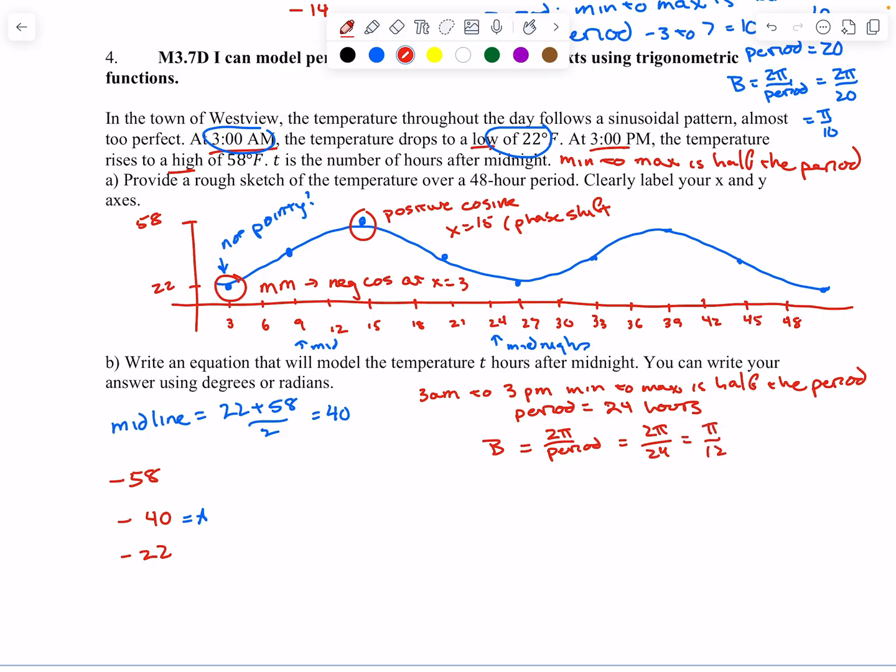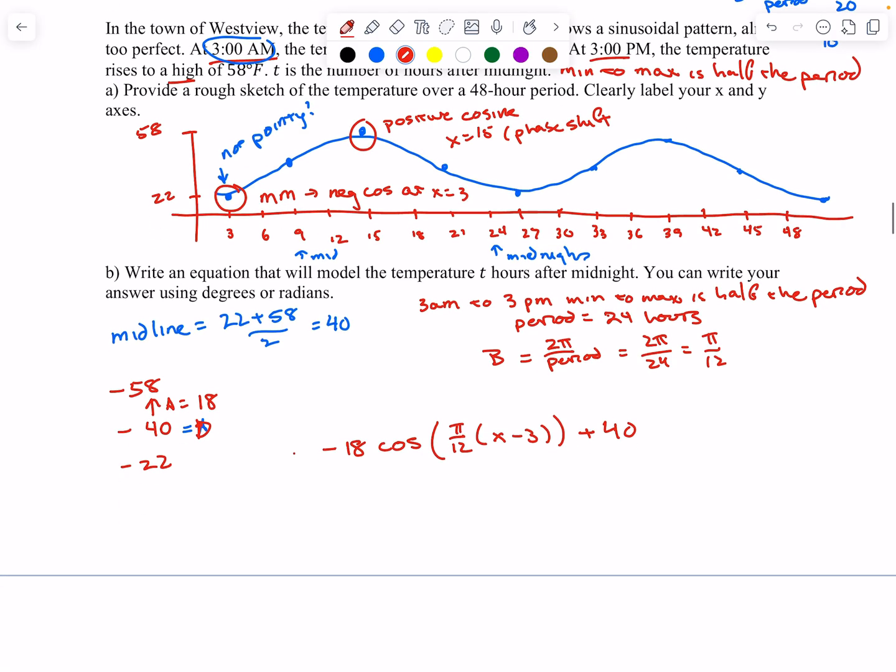Okay, so what is the amplitude? 40 to 58 is, sorry, this is D, not A. Amplitude is 18. Okay, so we've got, let's see, 18 cosine negative if I want to use 3. And the midline was at 40.